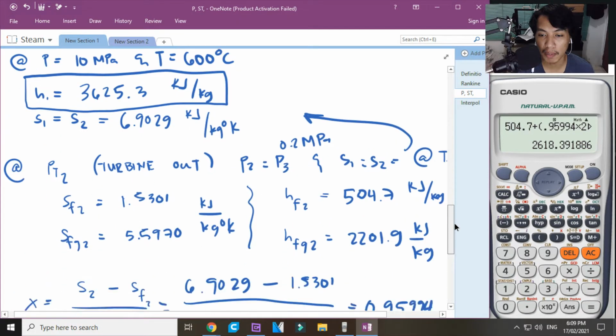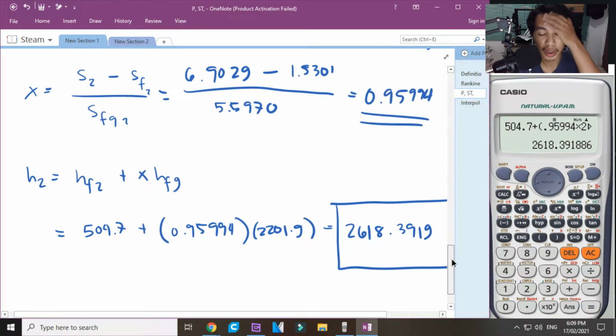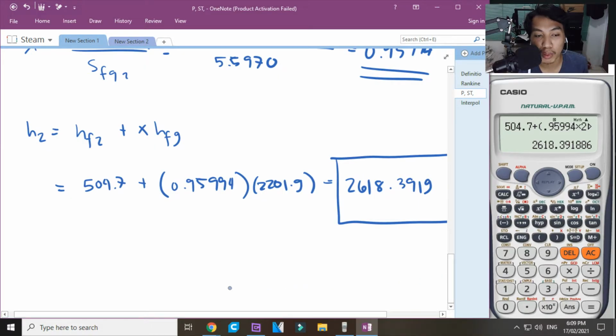H3 naman, di ba? Ang H3, papasok yan sa pump theoretically. So, H3 will be the enthalpy at pressure 2. Kaya lang, compressed liquid na siya. Saturated liquid. So, at point 3, where P is equal to 0.2 MPa kasi P1, P2 equal to P3.